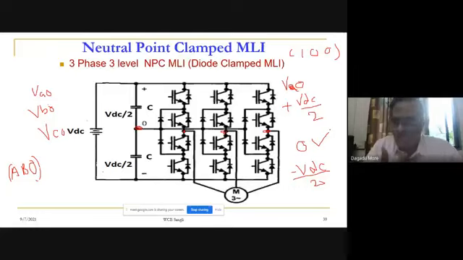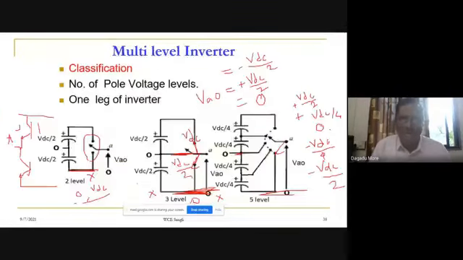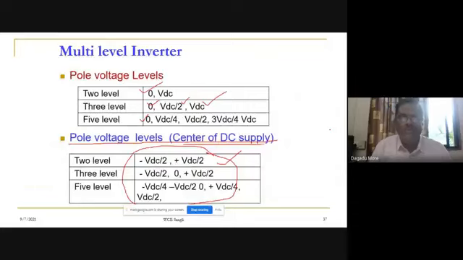Other advantages we will discuss after getting an introduction to various topologies. We have discussed the classification based on two things. One is the number of levels, and we have discussed what a level is: what is meant by 2 level, 3 level, 5 level, and how to get it. Two conventions are there. One is with respect to the center point of DC. Another is from the negative rail of the DC.